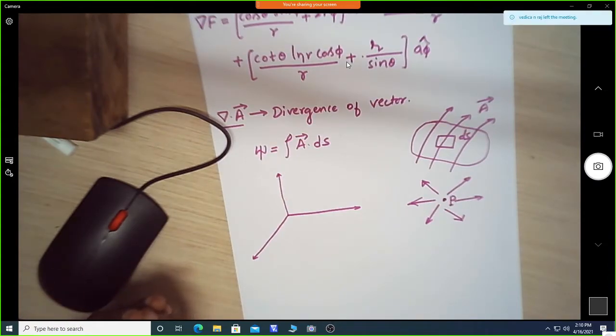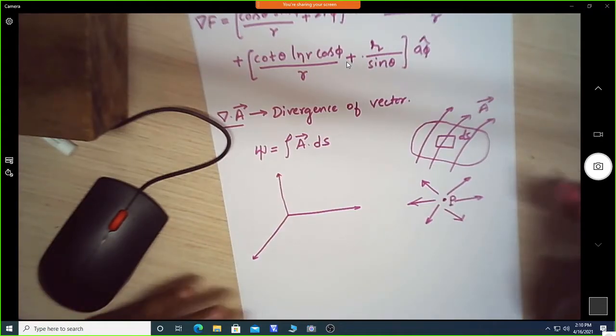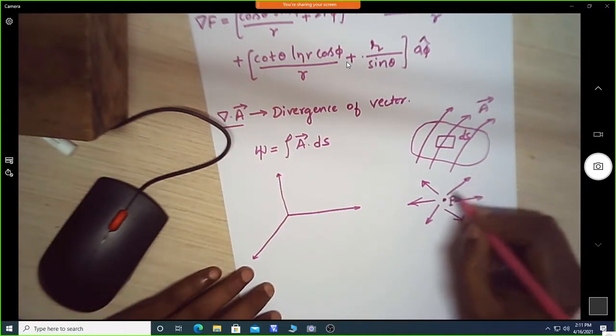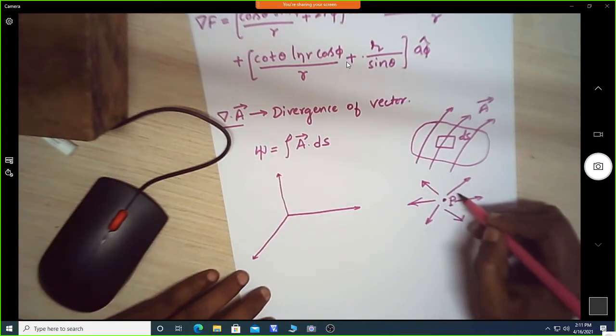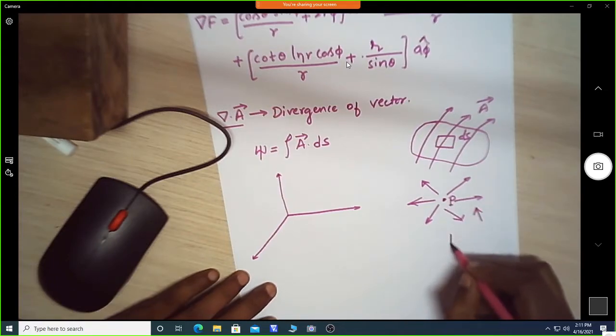So we can define the divergence of vector A at a given point P as the outward flux per unit volume, as the volume shrinks about P. It can go in the positive direction, so we will define that as positive divergence.